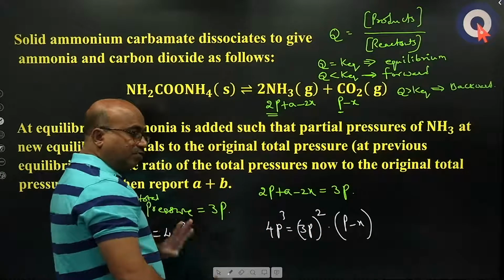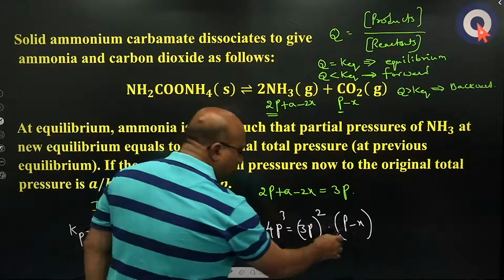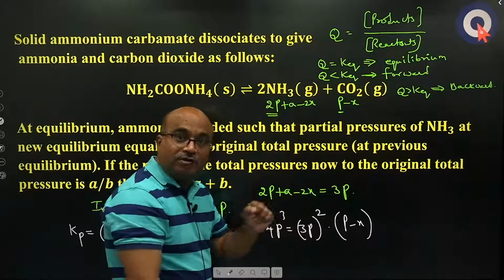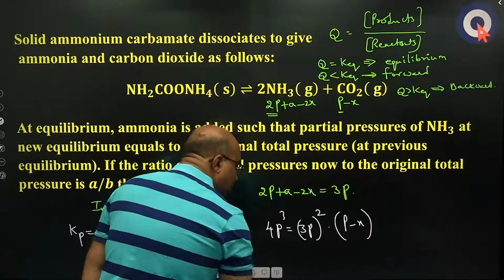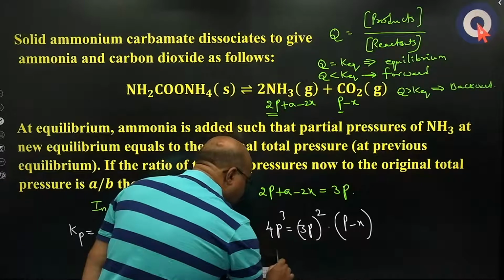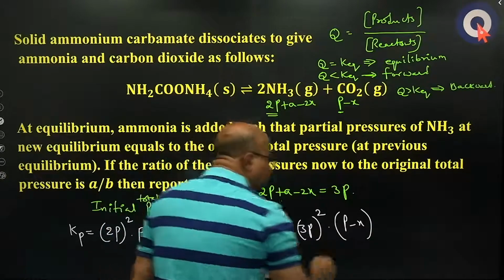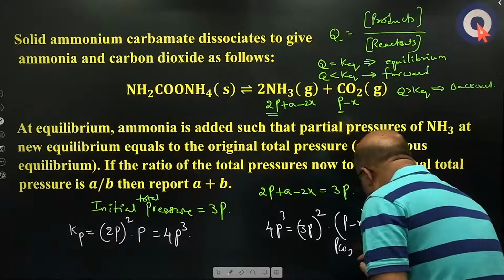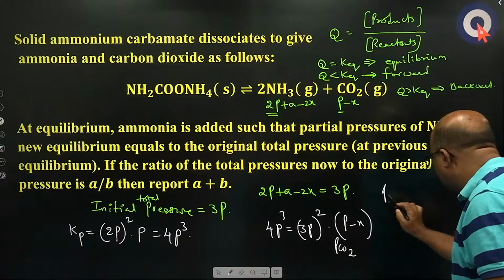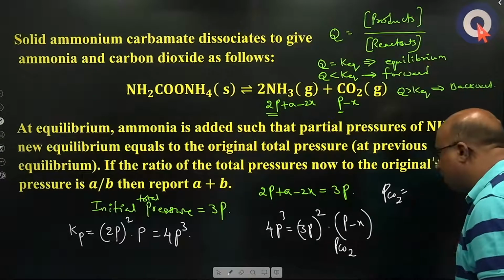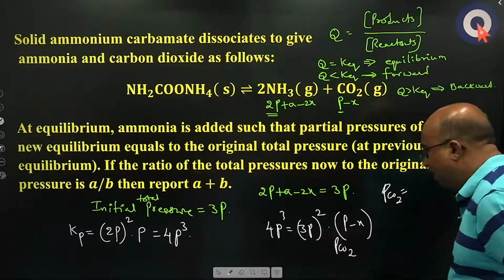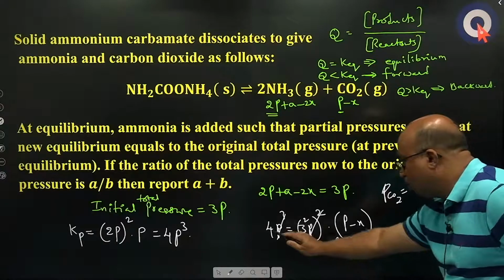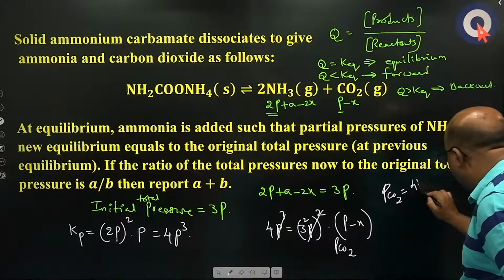So we get the p minus x value simply, the partial pressure of carbon dioxide. So what is this now? It is nothing but 9, and p squared will cancel. So the partial pressure of carbon dioxide is nothing but, p will be remaining here, p squared you cancel, and 3 squared will be there. So this is 4, this is 9. So it is 4p by 9.